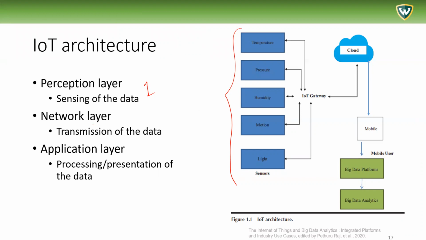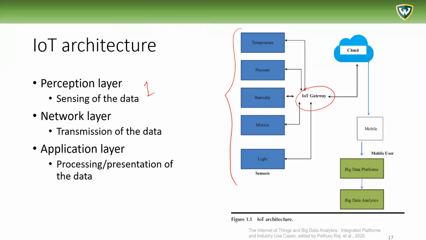There's also a network layer, which is related to the transmission of data. We talked a little bit about protocols when we were talking about the web and the HTTP protocol. Different devices may need a different kind of protocol to make the transmission of data more efficient.